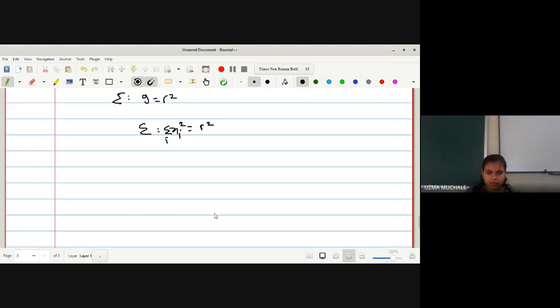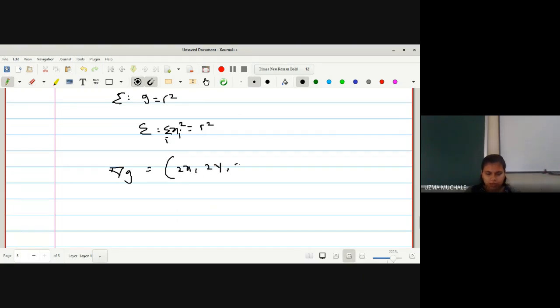Okay. Now let us find out what is the value of del g. So what is del g? Dou g by dou x, dou g by dou y, and dou g by dou z. Given that it is a surface, so no need to check whether del g is equal to 0 or not.